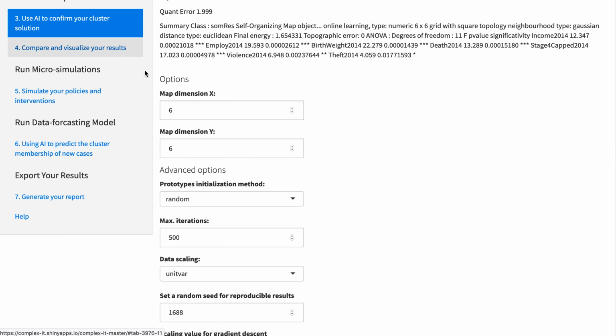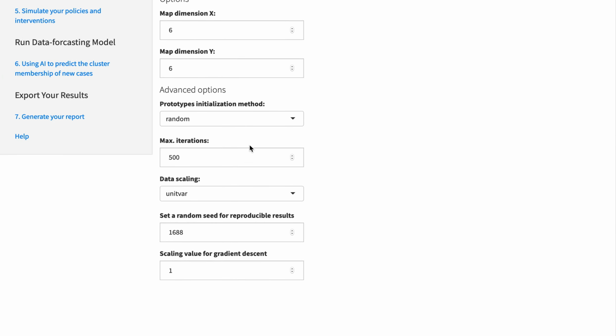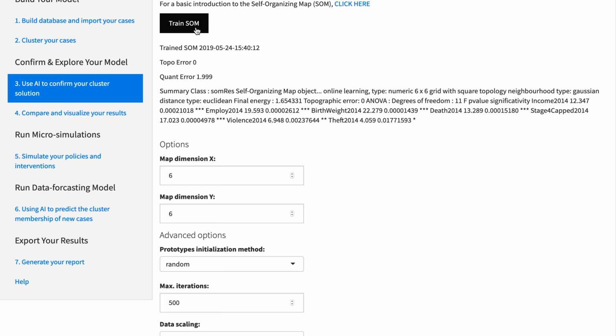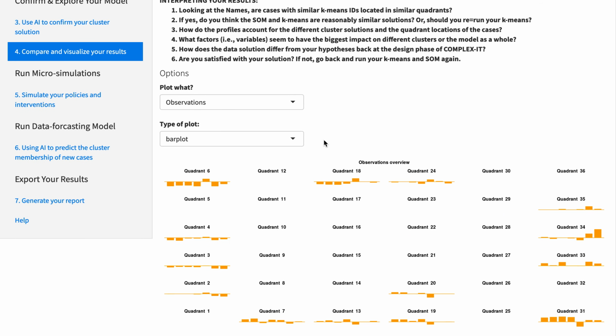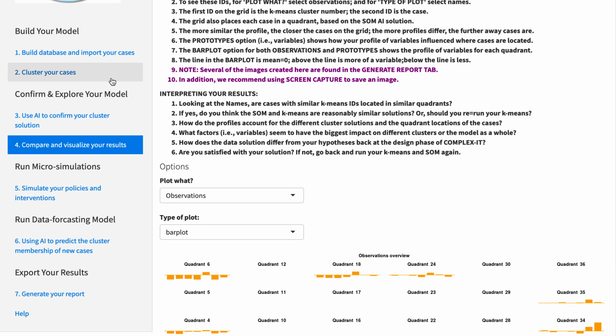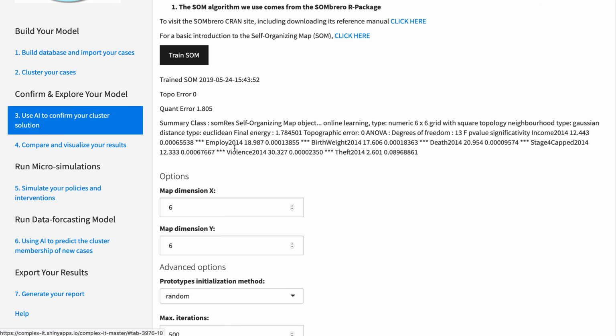How does that then compare when you actually go out and run a 6x6 SOM to get your analysis, and then to compare your overall solution again? And you can see that as you start to do that, you get a more refined view of the data. That doesn't mean you always want to do that. Sometimes you might just want to get the most basic insight into the data.